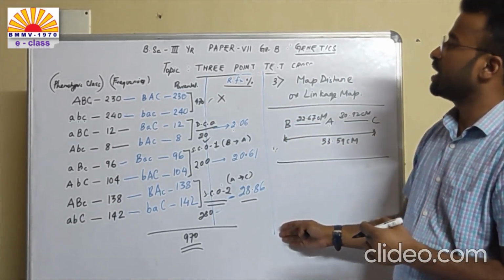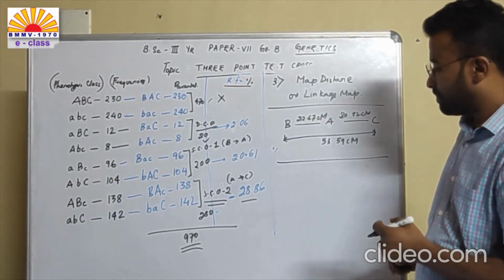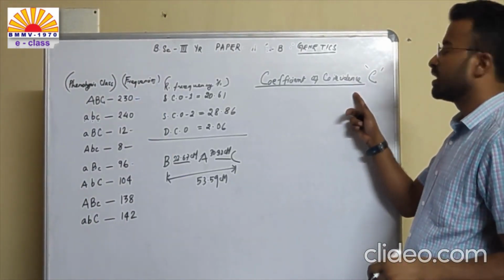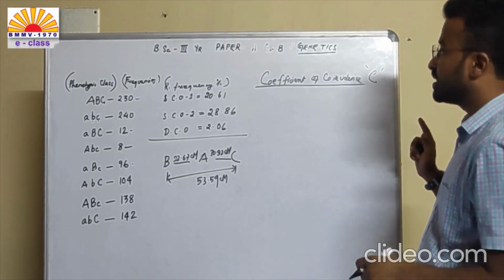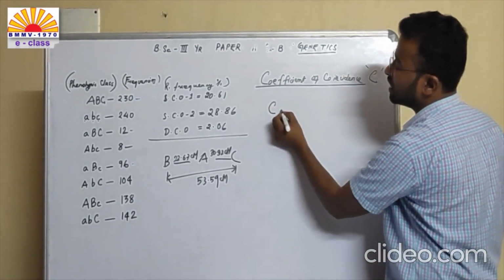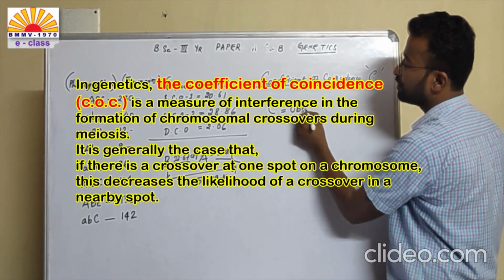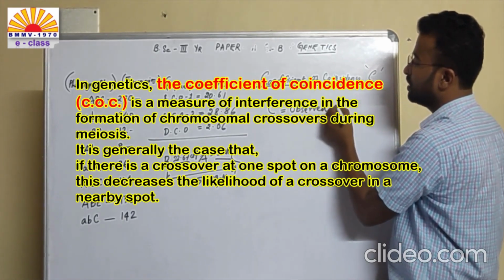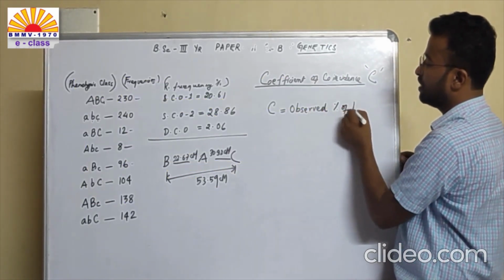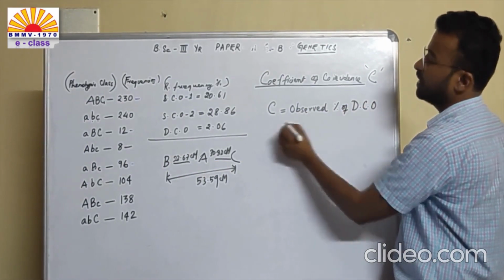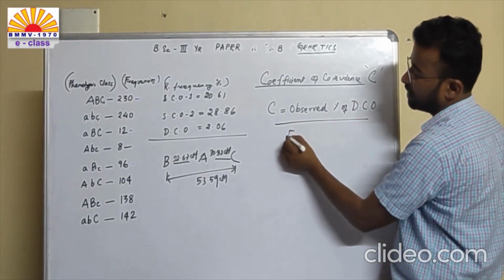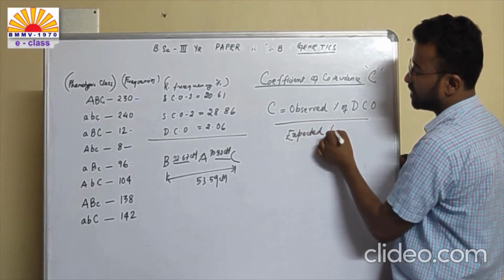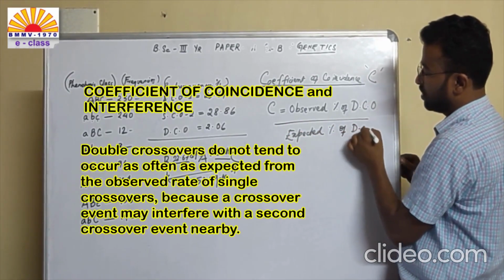So this is how test cross data is used to find out the recombination frequencies. Recombination frequency is again used to find out the map distance. Now, coefficient of coincidence is represented by capital C, and the formula is observed percentage of double crossover divided by expected percentage of double crossover.